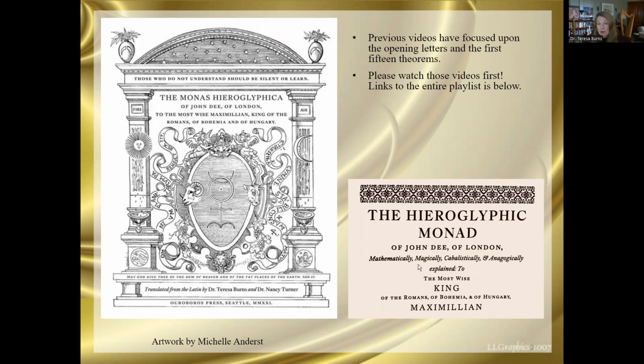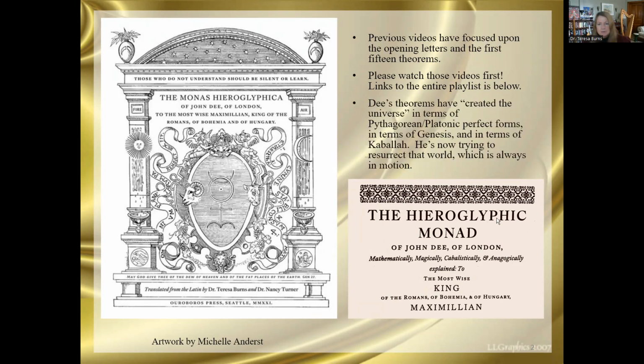Dee has, of course, already symbolically built up the universe by taking apart and rotating around and flipping into 3 dimensions and then back to 2, his monad glyph. The world has then fallen and he is building it back up again and trying to resurrect that world as part of the Gnostic ascent to the one, or the Neoplatonic recreation of the Bonitatis, or as the restoring of the world that is part of Kabbalah.